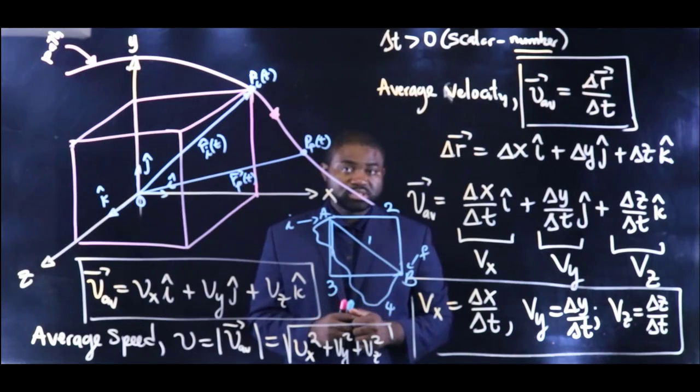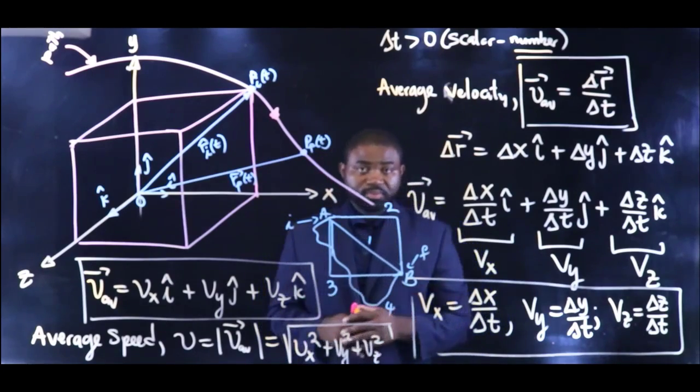What this means is that at all times, the displacement of a particle can only be less than or equal to the distance between the 2 points. It's important you keep that in mind.